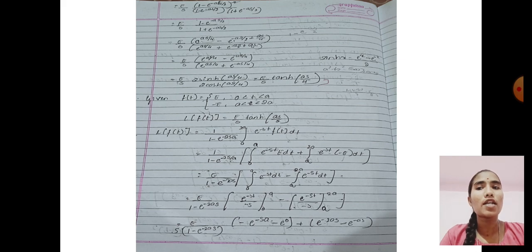In the denominator we have a square minus b square, which is a plus b into a minus b, so we write 1 minus e to the power of minus sa by 2 into 1 plus e to the power of minus sa by 2. Now the numerator square and the denominator factor cancel. The solution remains as e by s of 1 minus e to the power of minus sa by 2 by 1 plus e to the power of minus sa by 2.